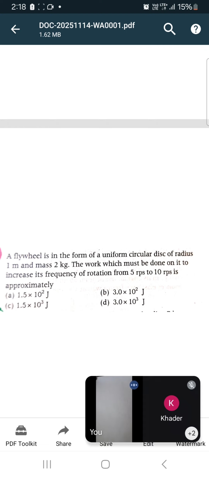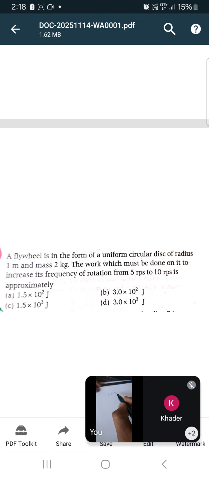What is given in the question? A flywheel in the form of a uniform circular disc, and the radius is 1 meter.